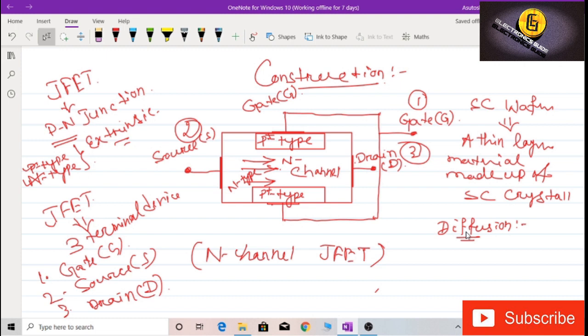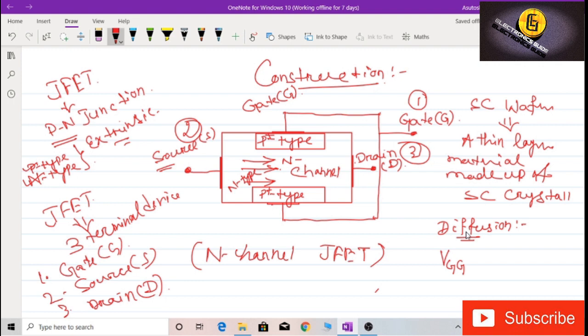And the second point is that the terminal source S is used as the common terminal for both the other terminals. That means the voltage is applied at the gate terminal as well as the drain terminal with respect to the source S.